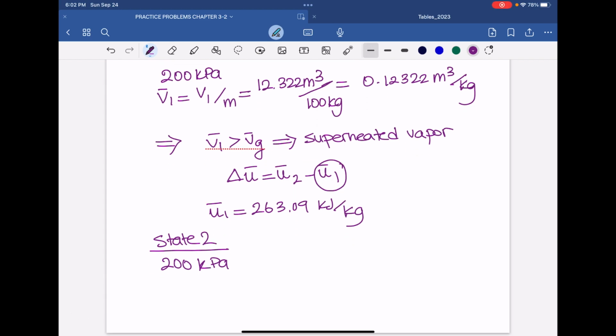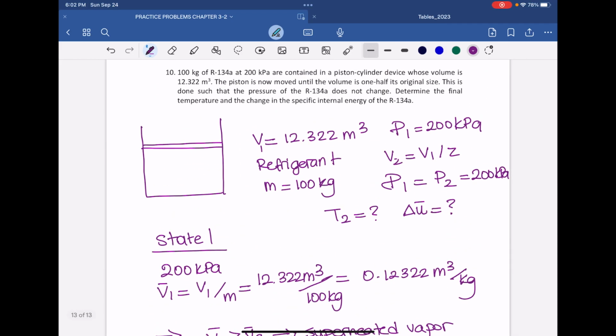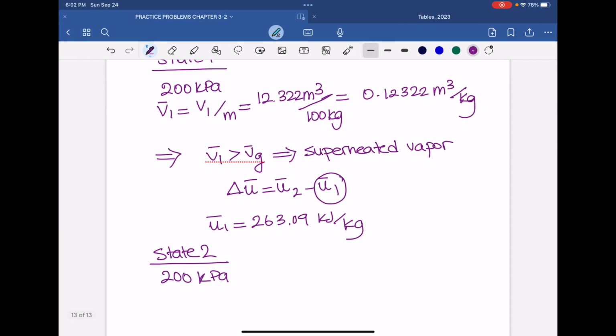Since mass doesn't change, if volume is becoming the half of it, that means specific volume is also the half of it. So what I need to do is, if I know the specific volume at the first state, I need to divide it by 2.